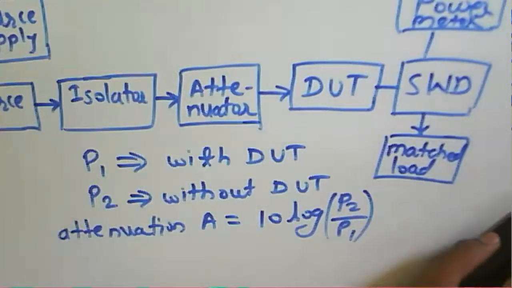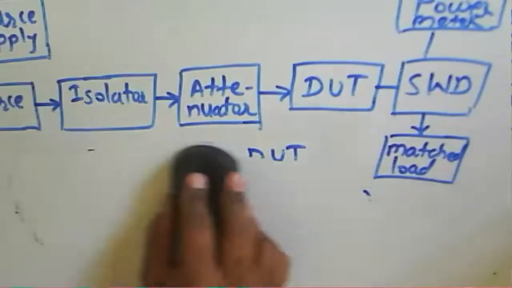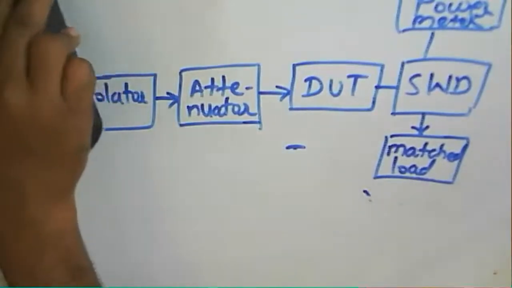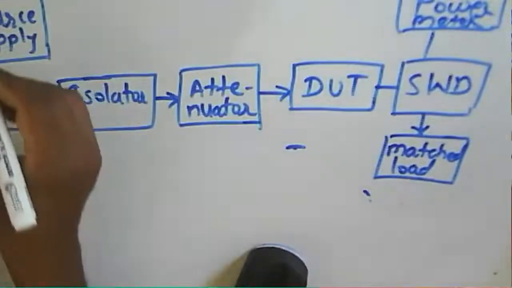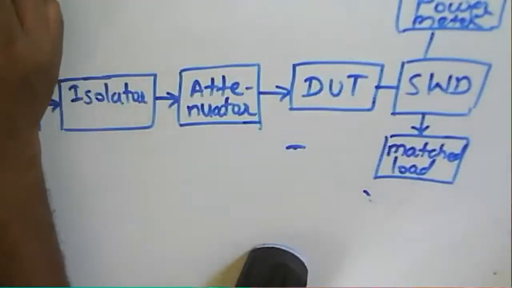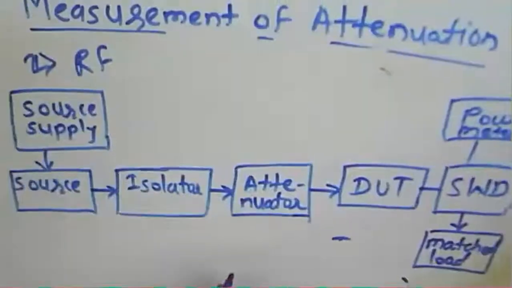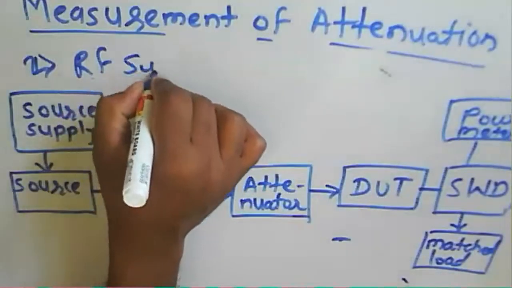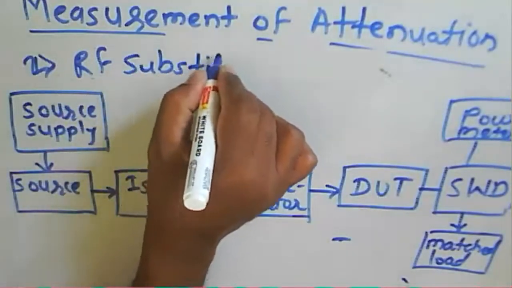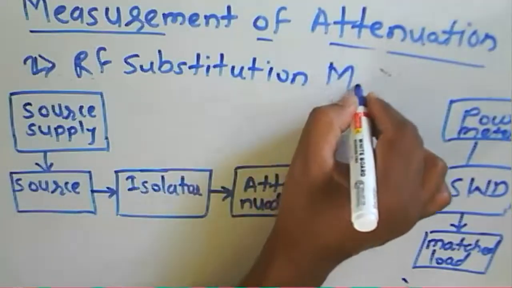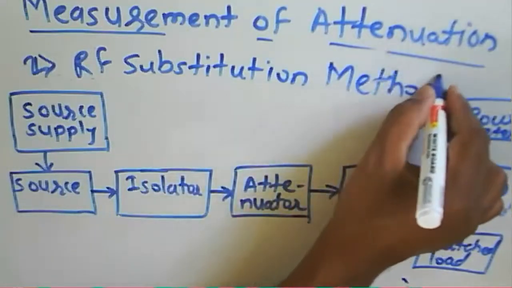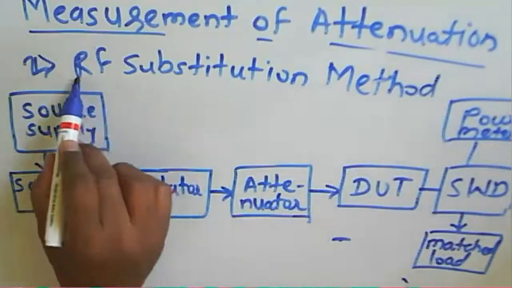Then another method is the RF substitution method. So the next method is the RF substitution method. The second one, the RF substitution method.